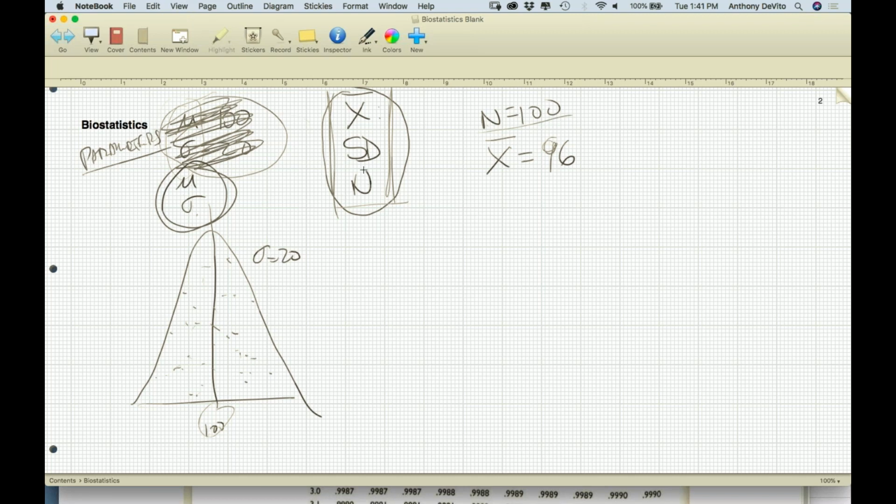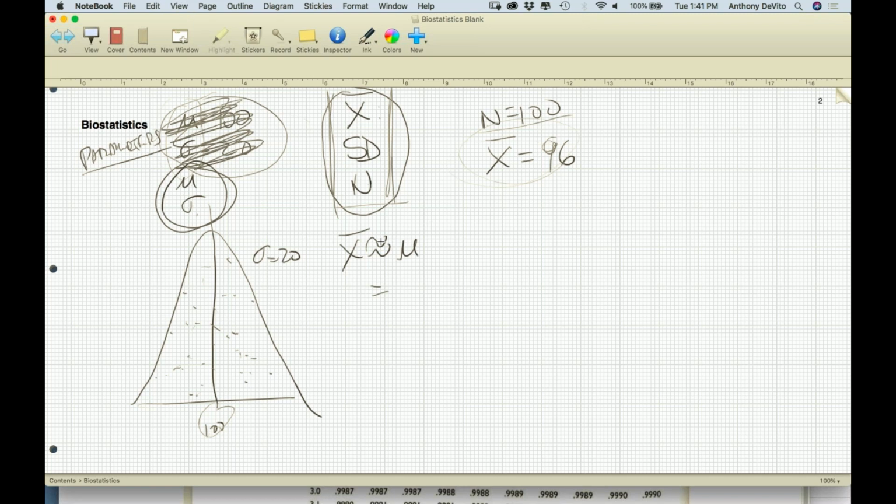Our theory here is if I take a nice size sample, my sample mean approximates my population mean. It's not equal, so I didn't use an equal sign. I used an approximation sign.